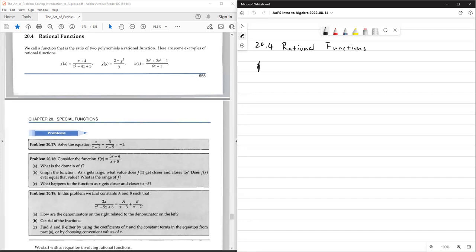So for example, f of x equals this monster of x plus 4, x squared, sorry, slanted plus 3. Okay, so this is a polynomial, this is a polynomial. This is actually a binomial, this is a trinomial, and a special type of polynomials, and this is what we call a rational function.